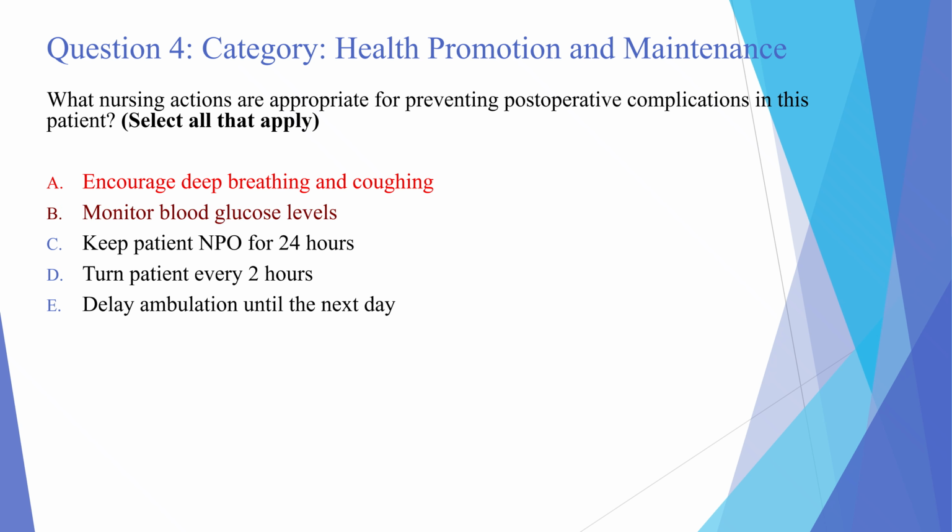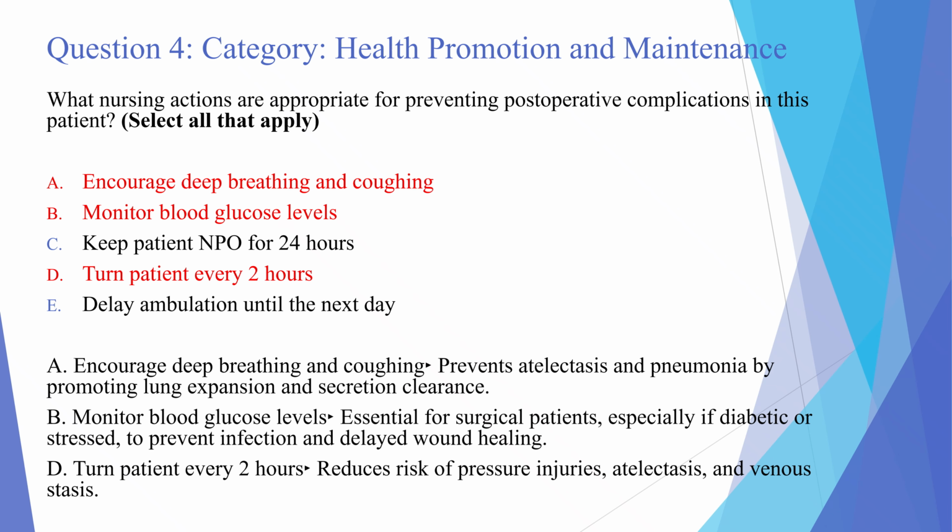It's very important. Monitor the blood glucose levels, especially with his diagnostics. Then turn the patient every 2 hours. It's very important, the positioning, because he's still in bed. And delay ambulation until next day, you don't do this. And you keep the NPO for 24 hours, you don't.